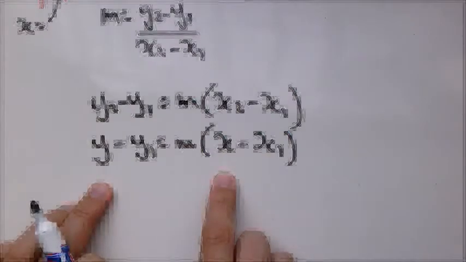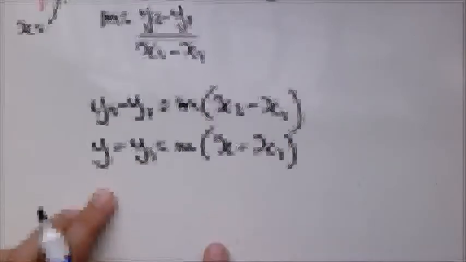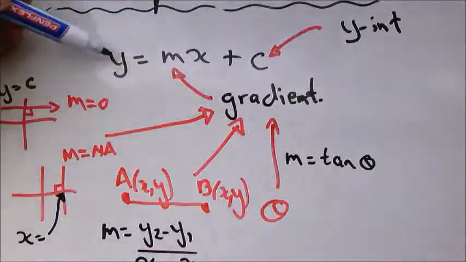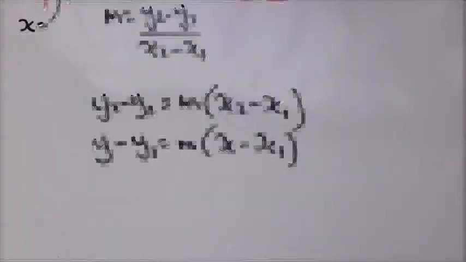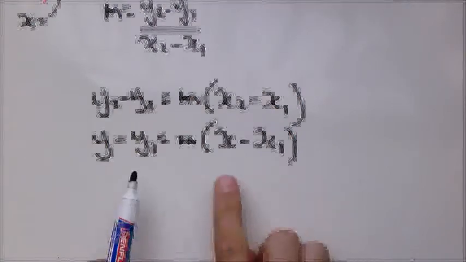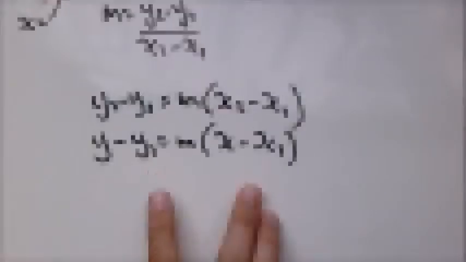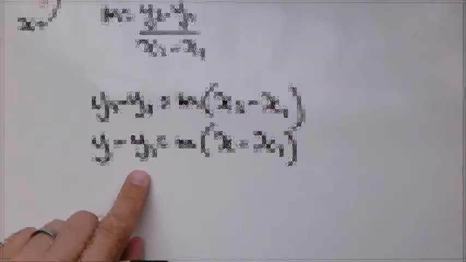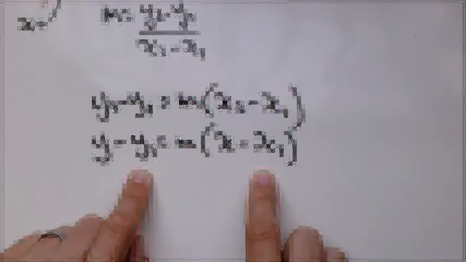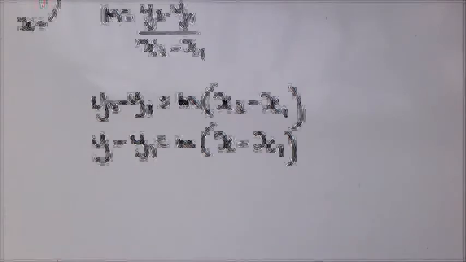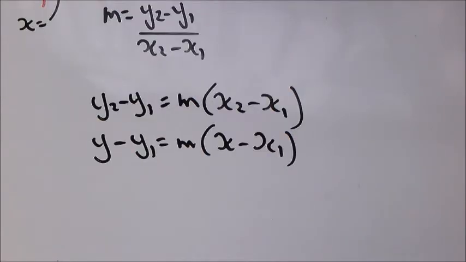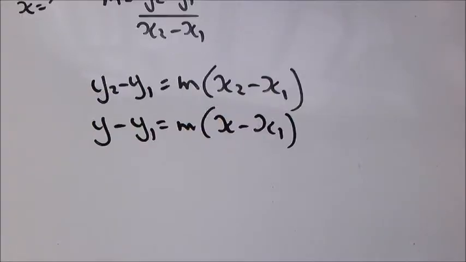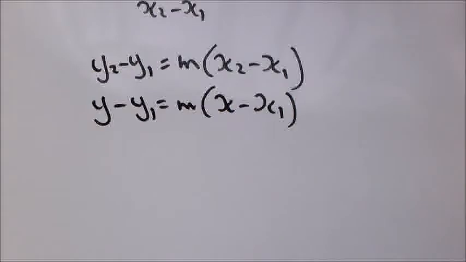So the y and the x will remain our y and x in our final equation. y1, x1, those are the coordinates of one single point on the actual straight line. So if you have the gradient and the coordinates of one point on the straight line graph, you can get to the actual equation. So I will include this in one of the scenarios when we do the calculations.